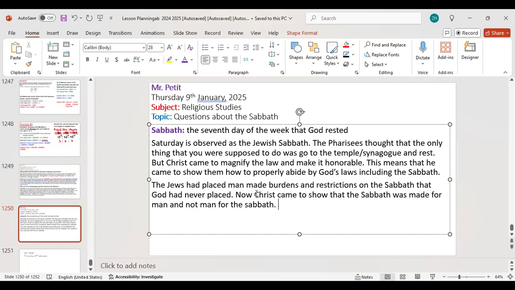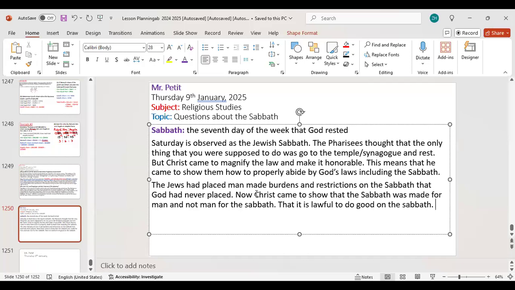Now Christ came to show the Sabbath was made for man and not man for the Sabbath, that it is lawful to do good on the Sabbath. So even though it's the Sabbath, if someone is about to faint and about to die, you wouldn't say, oh, I can't call the ambulance because it's the Sabbath.